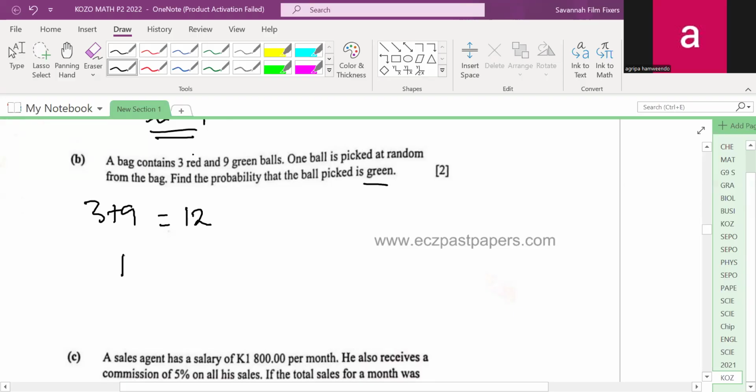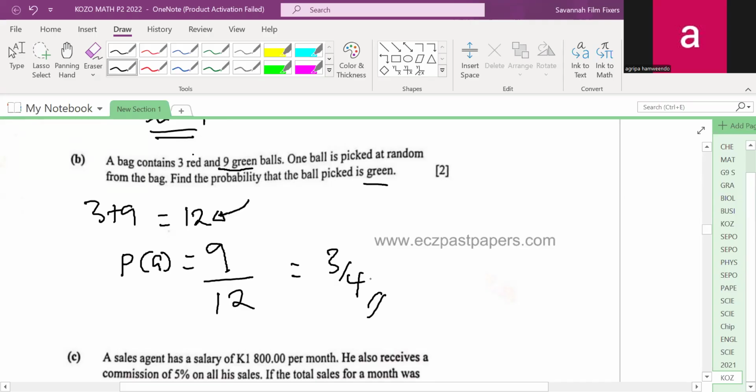So probability of green will be number of outcomes, which is 9, right? Yes. Divided by the total number of outcomes, which is 12, right? Yes. So the probability of green will be 9 out of 12. You can reduce this. You can divide by 3.